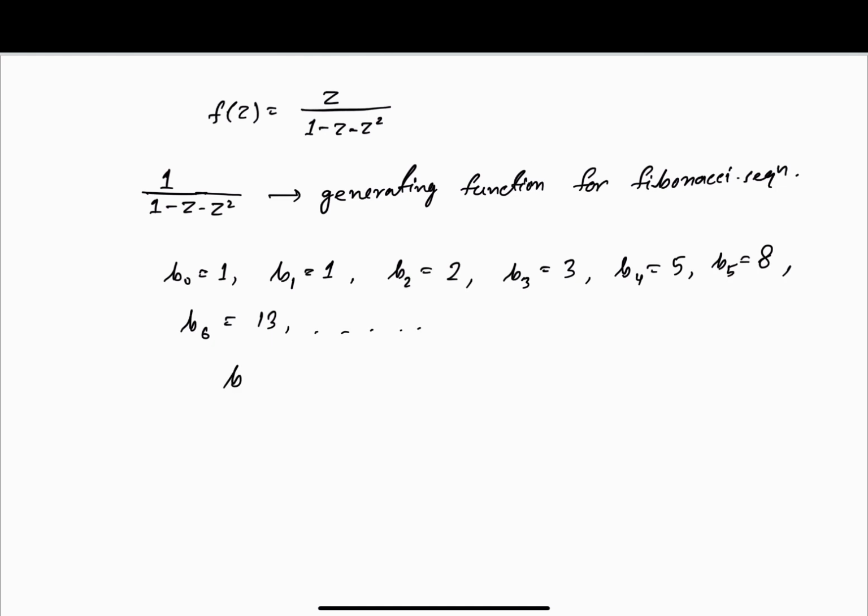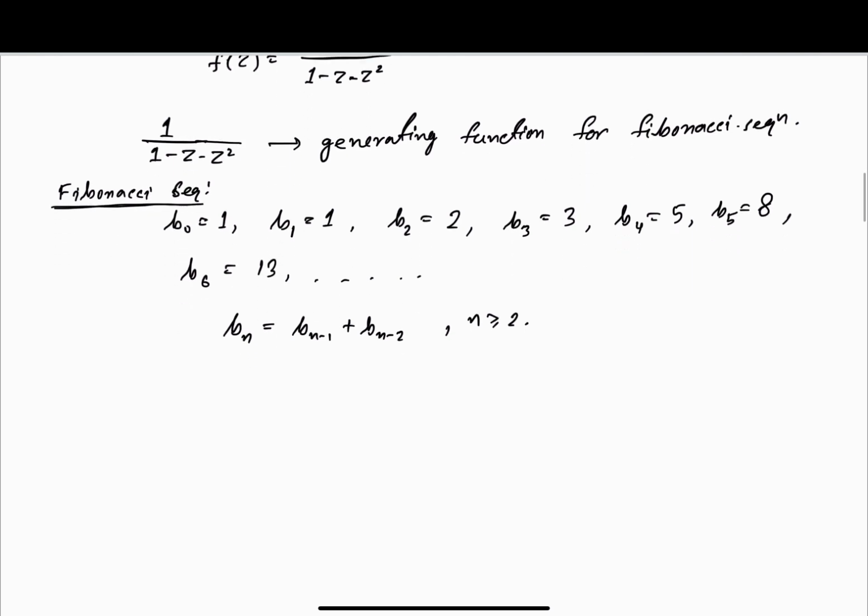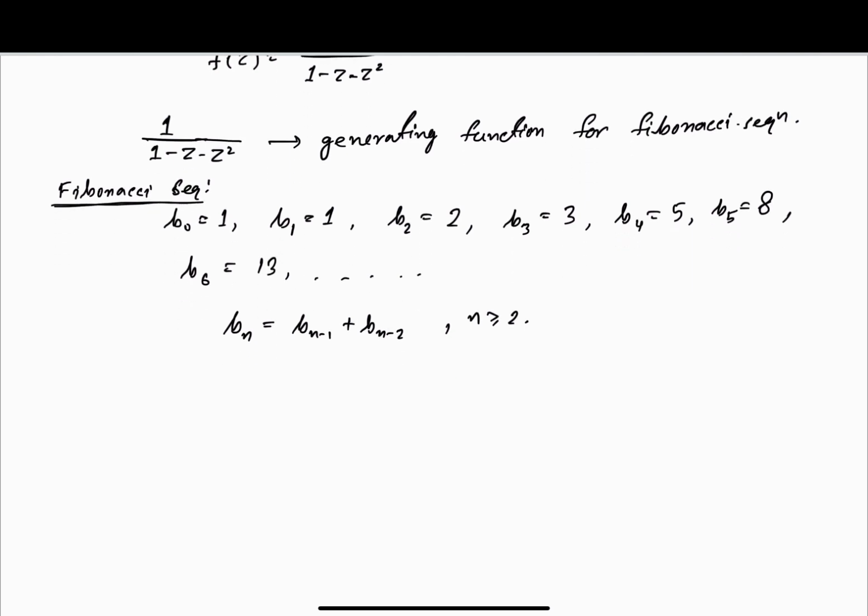So what is the general formula? You can write bn equals bn minus 1 plus bn minus 2, meaning just add the previous two terms. This is the recurrence relation for the Fibonacci sequence. We will show that this is the generating function for this Fibonacci sequence.